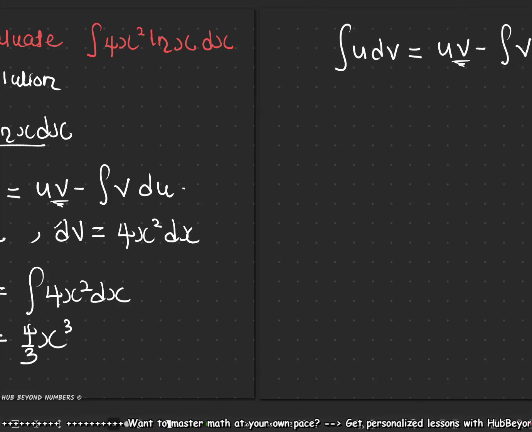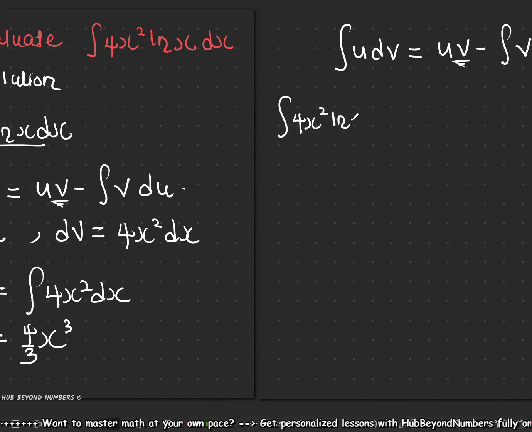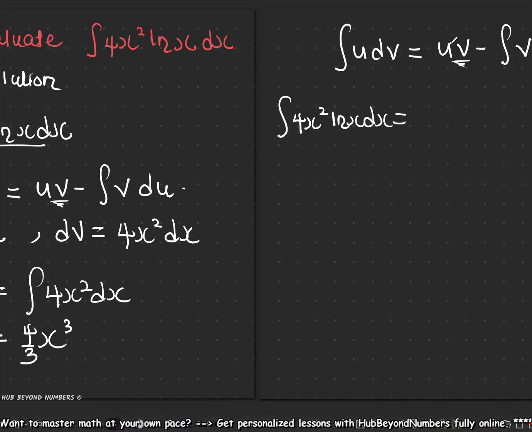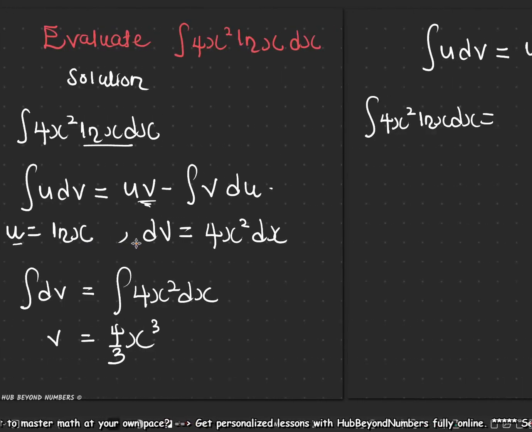So we have the integral of our function, which is 4x squared ln x dx, becomes u first. And we said our u is what? Ln x.